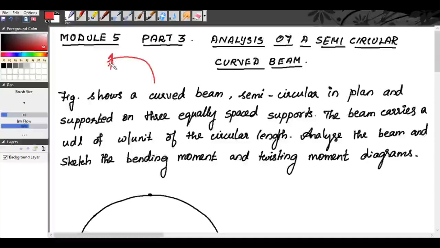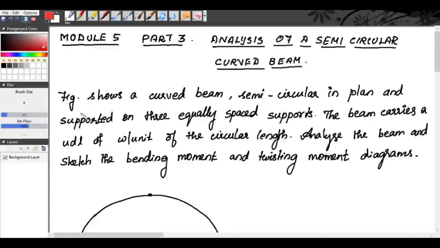We saw the cantilever beam with a concentrated load at the end, and the second problem, a cantilever beam curved in plan with UDL. These problems we saw in part 1 and part 2. Now today we will see analysis of a semicircular curved beam.